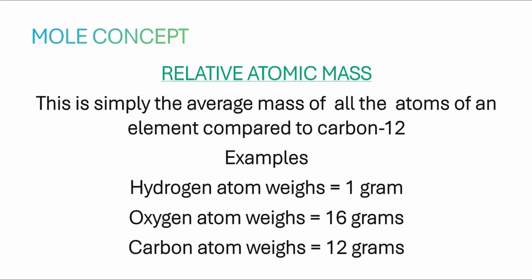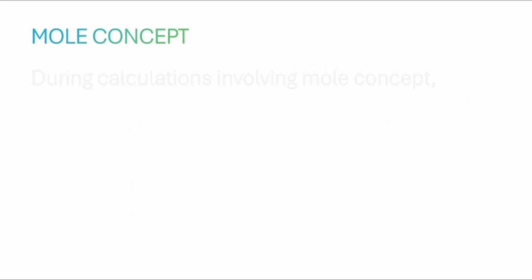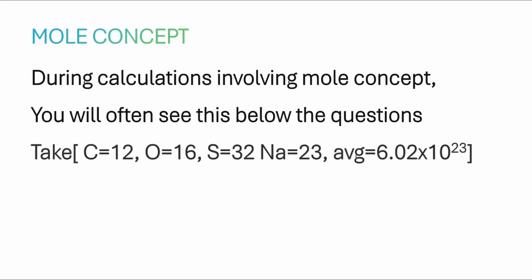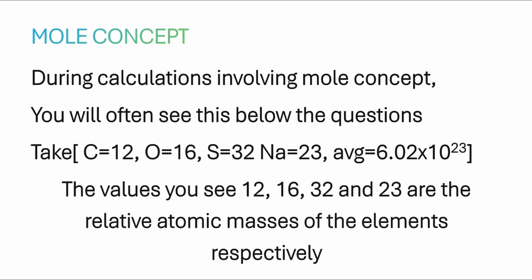I'm sure you've seen calculation questions where you were asked to take the values of some elements in this format. So here we have C as in carbon, which is 12 grams, O as in oxygen, which weighs 16 grams, and S as in sulfur, which weighs 32 grams. Also, we have sodium weighing 23 grams.